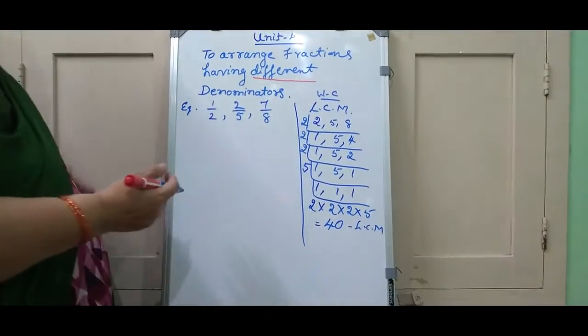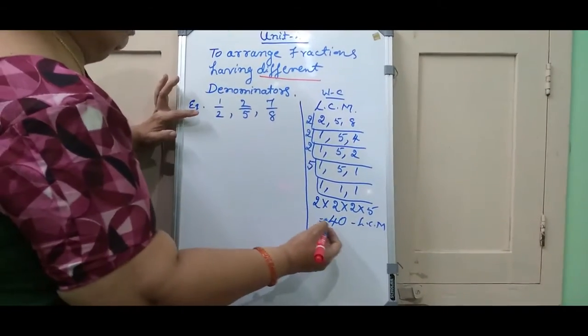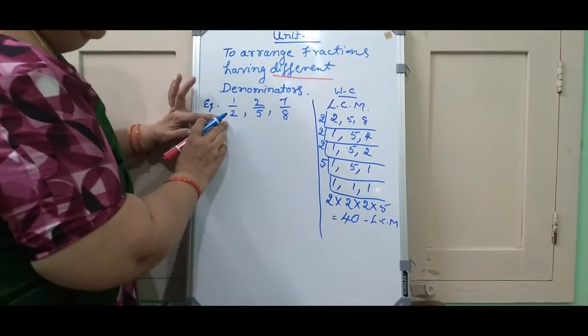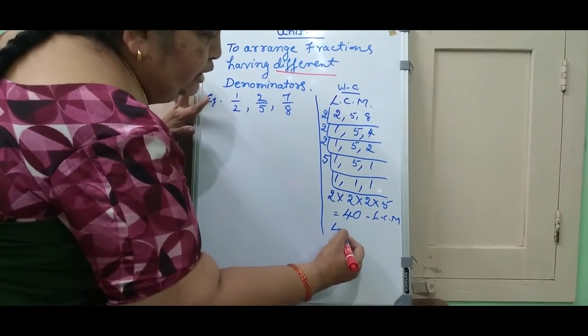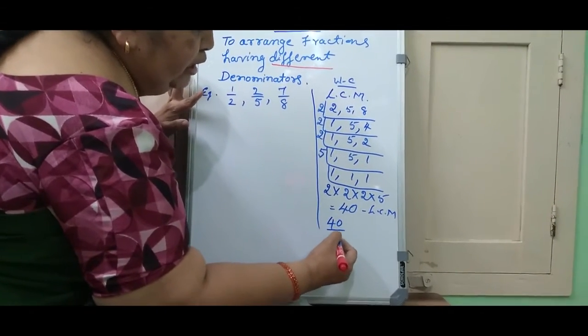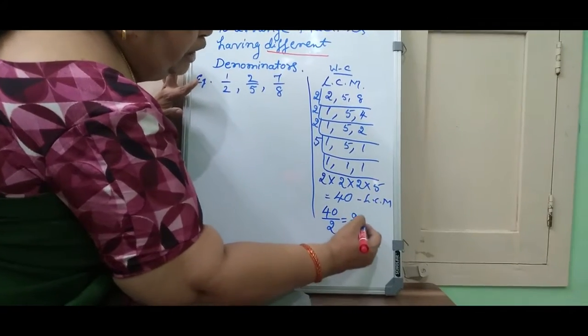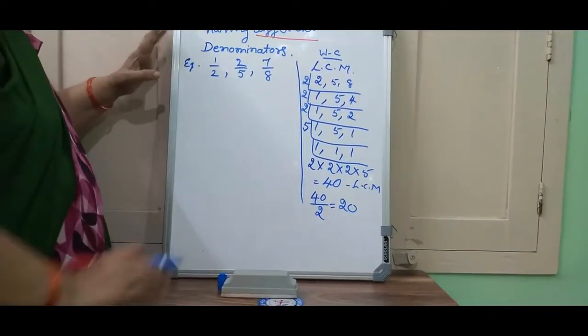And next what we have to do is, consider the first fraction, half. The denominator is 2. For that you divide this LCM by 2. The number you are getting is 20.